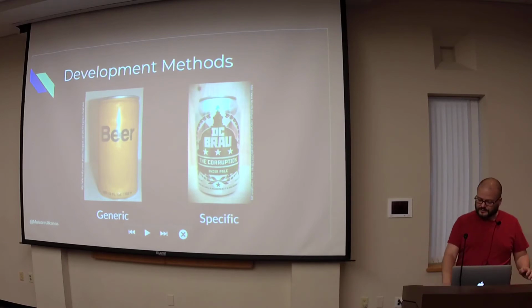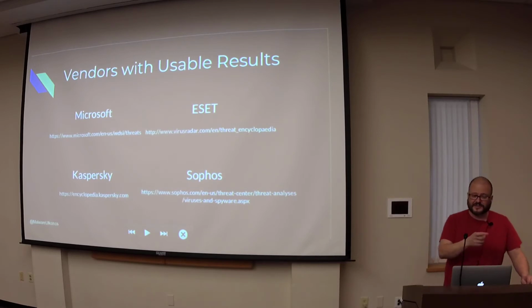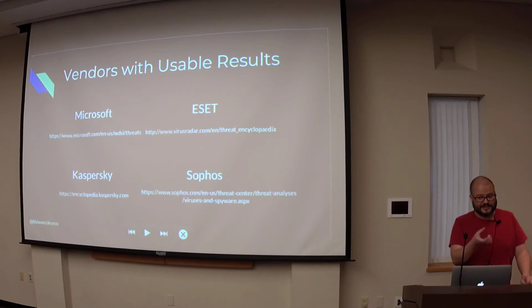There are a few AV companies, and I'm going to call out a few of them, and your results will vary. There are generic scanner results in there as well, but for the most part, Microsoft is probably the best. If you put malware into Microsoft, they're going to give you a very specific scanner result, and it's also the name of the malware that they come up with. A lot of times they have their own nomenclature as well, so you'd have to know what the name they come up with actually means to the rest of the world.